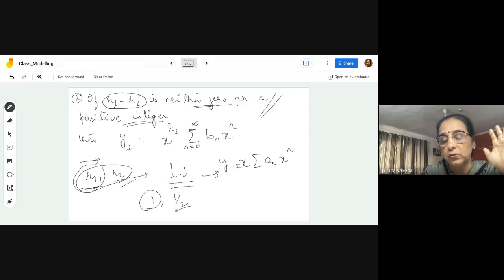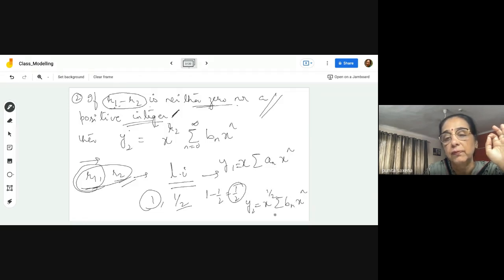Now I look at R2, which is not an integer, and R1 minus R2 is 1 minus half, which is half, again not an integer. So this condition is satisfied, that R1 minus R2 is not a positive integer. Therefore, I can say that for this particular case, I will have a solution of this form, n from 0 to infinity.